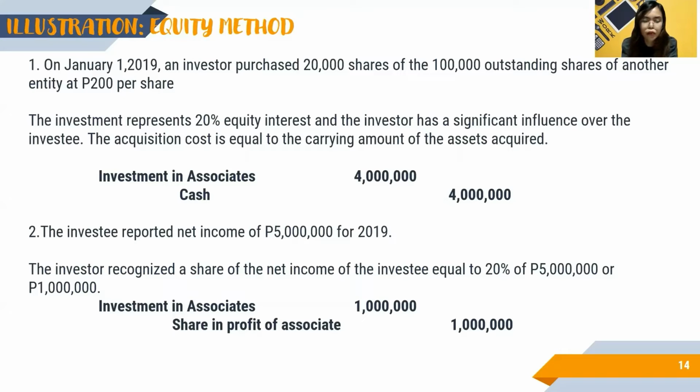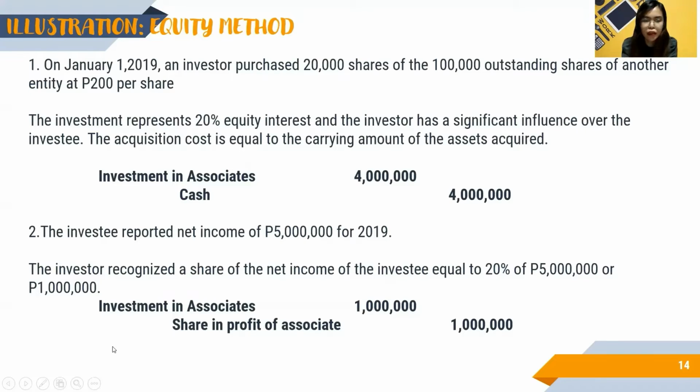So, tanong dito, so sabi dito, kumita daw si investee mo ng 5 million. So, ang tanong, meron ka bang equity interest dito or meron ka bang share dito? So, ang sagot is yes, kasi nga meron kang 20% na share.